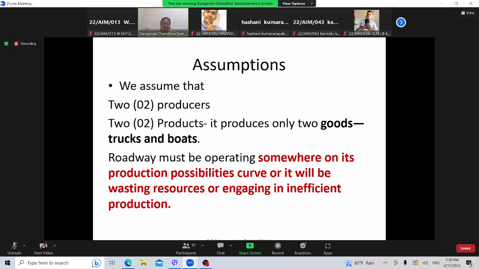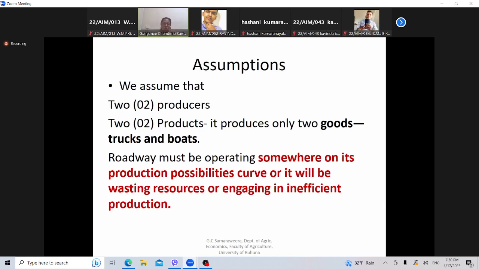So somewhere we have to decide who should produce and what should be produced. Otherwise, it will be wasting resources if they have chosen a wrong product to produce.